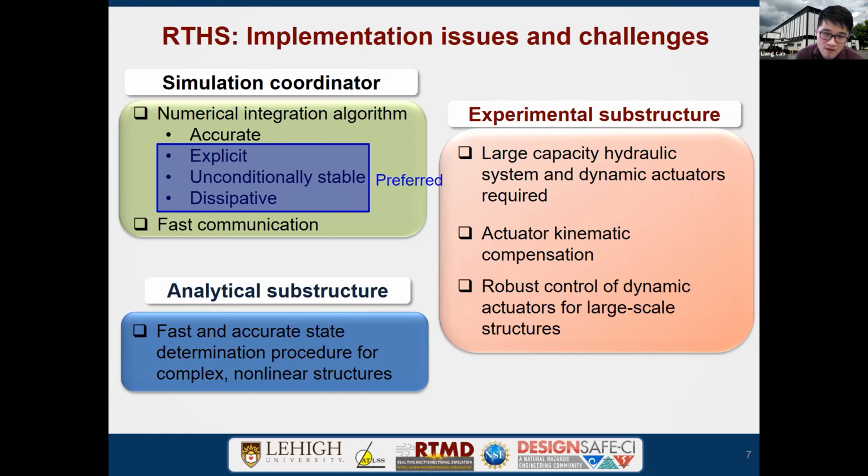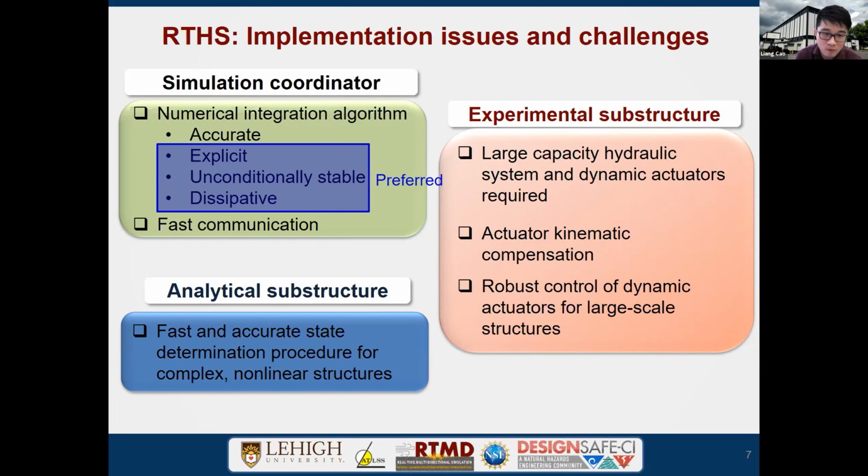However, some of the explicit schemes are conditionally stable, which just means it depends on the system. If you use a larger time step, for example with a large number of degrees of freedom, your system may become unstable. So that's why we prefer explicit schemes that are unconditionally stable.